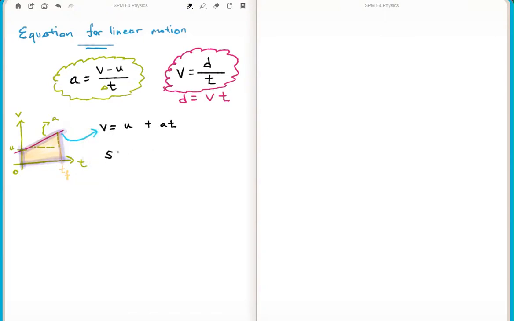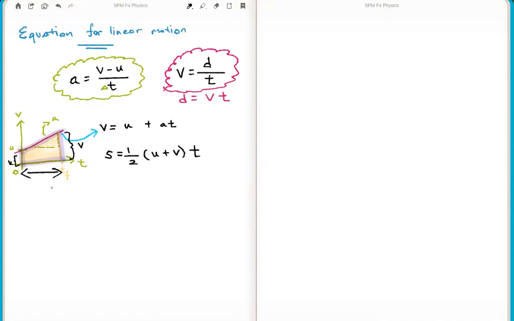So my displacement S, in order to get the trapezium area, is one half times the initial velocity, which is obviously u, plus the final velocity v, times the final time t, the total time traveled.